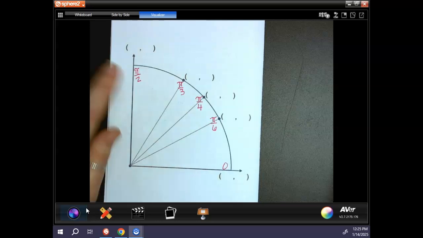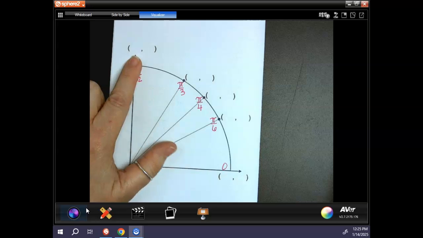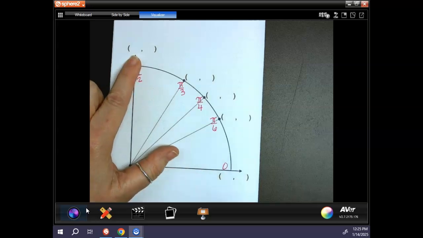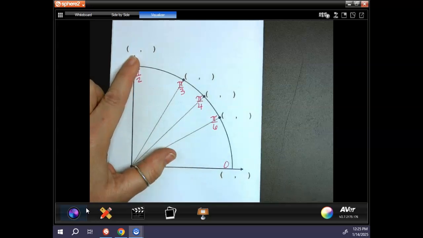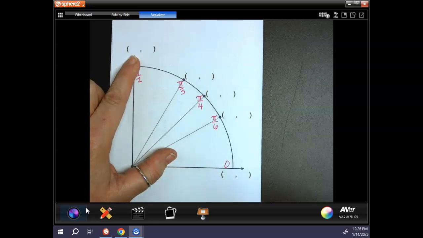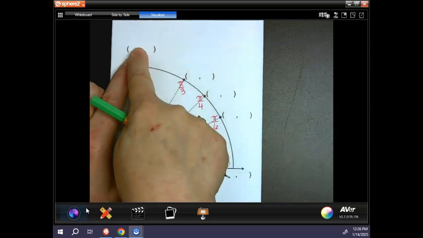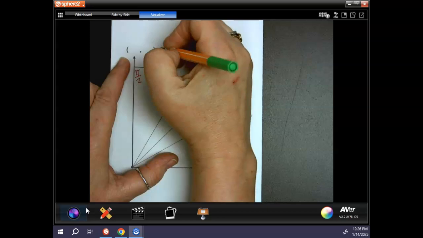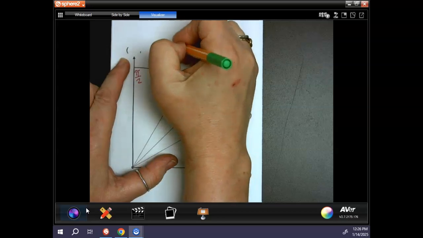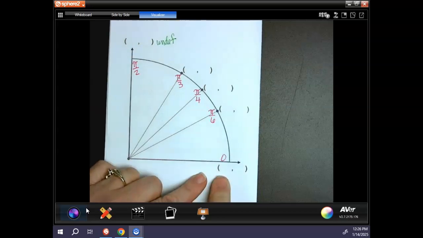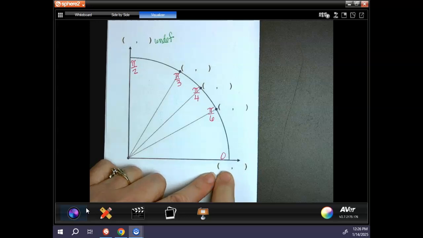So if I think about up here at pi halves, even though it's not written, I know that ordered pair is 0, 1. And I know that tangent is sine over cosine, or y over x. So if I put 1 over 0, what does that give me? Undefined. Then down here at 0, my ordered pair is 1, 0.